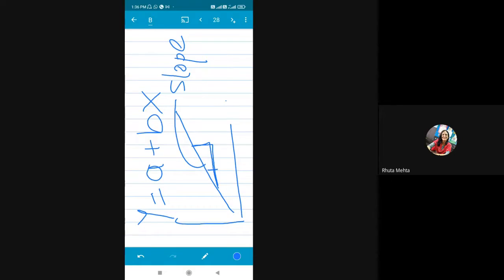And if I extend this line, where it intersects here, this part is known as the y-intercept. Do you understand what we are doing? Yes, ma'am. Okay, good.